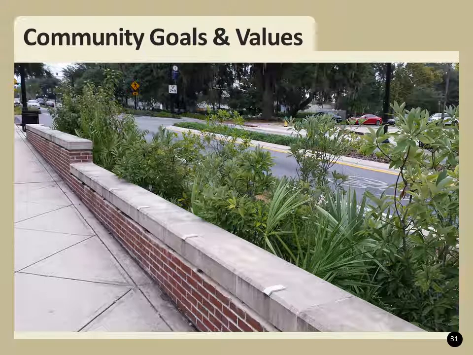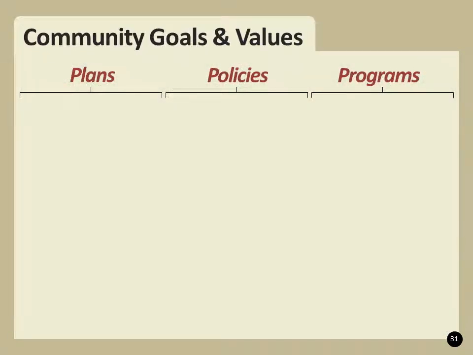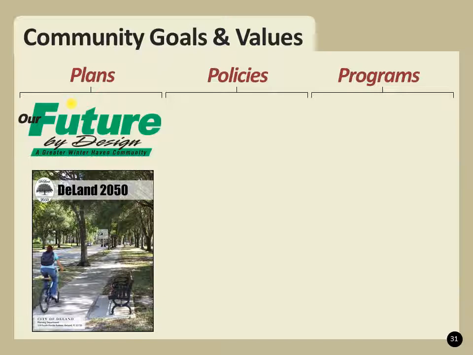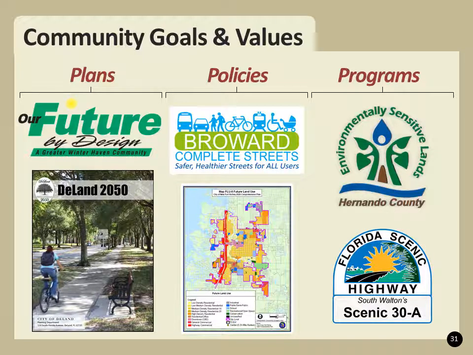Then obtain information that indicates the community's goals and values. You may find this information in local plans such as adopted vision plans or comprehensive plans, policies prescribing a certain character for the built environment, and programs to protect valued resources. Related information may be gleaned from articles in the local newspaper and from commentary collected during project public involvement activities.